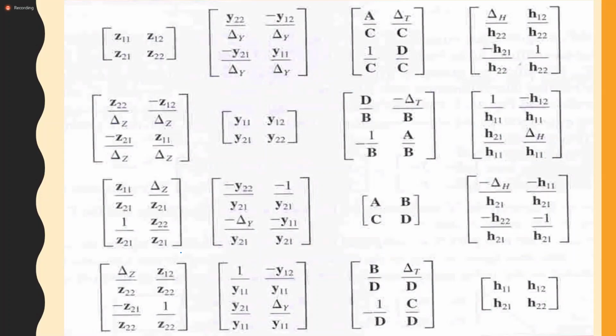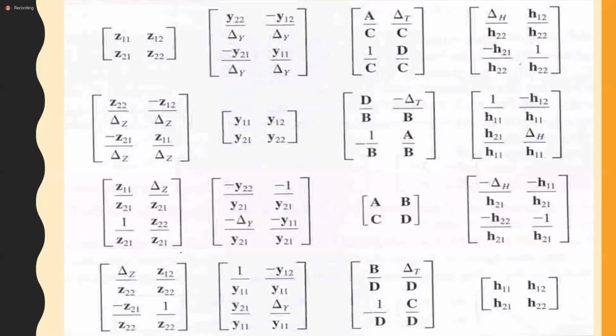The hybrid was a mixture of different parameters: voltage gain, current gain, admittance, and impedance. And similarly, the transmission parameters. So depending on the network you have before you, it may be easier to find one set of parameters over another. And this matrix gives you the opportunity to find a set of parameters and convert them into another set.